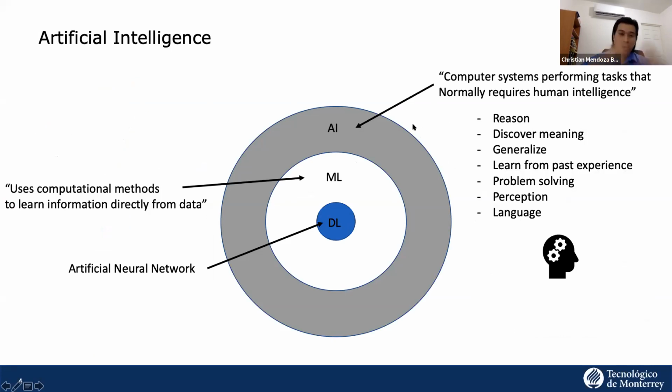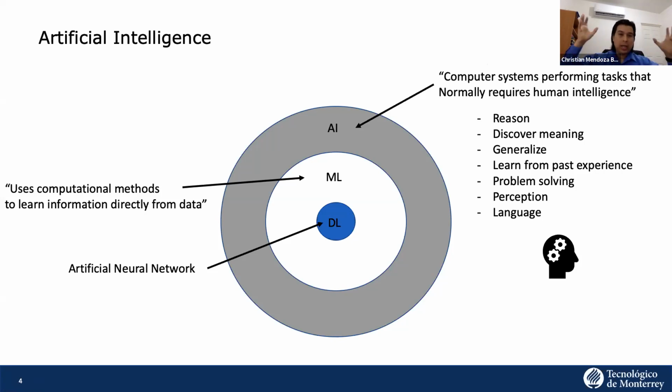So at the other space, we can define artificial intelligence just briefly as computer systems that perform tasks that normally require human intelligence. What I mean by this is, basically, imagine a human. What we do is reason. We discover meaning out of data, out of something else that we had contact with.